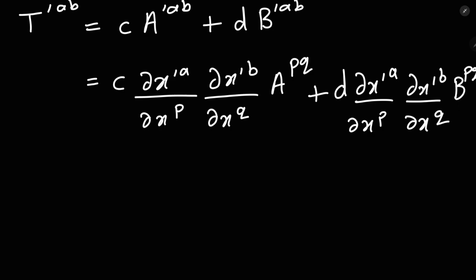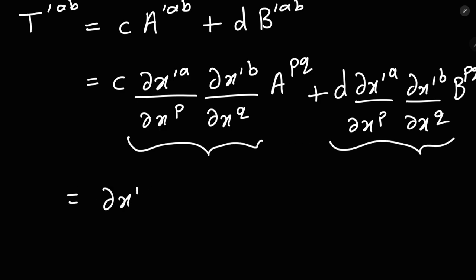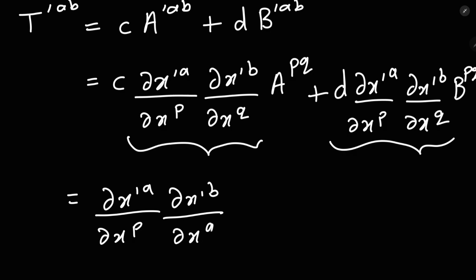I'm using the same dummy indices P and Q here because then we can take this factor common: del x prime A upon del x P, del x prime B upon del x Q, and we have C A^{PQ} plus D B^{PQ}.